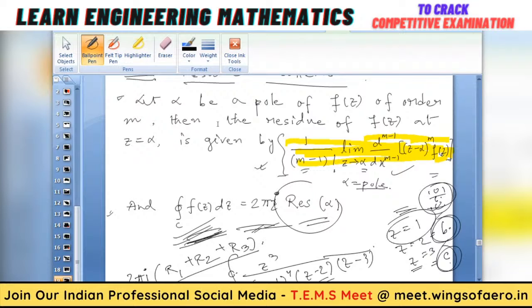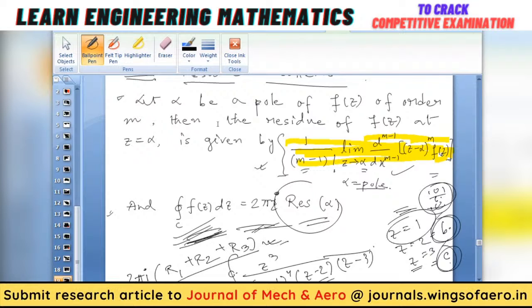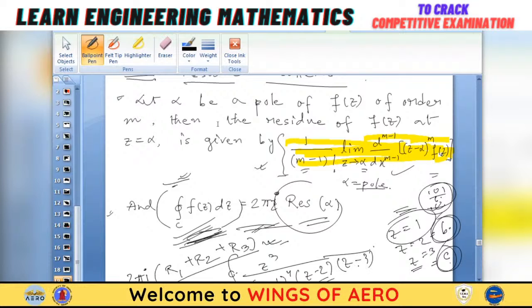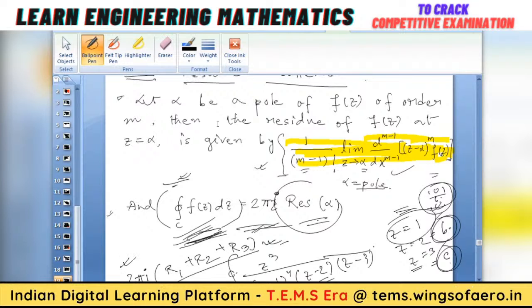This is the formula by which you can find the integration. You don't have to apply any other formula. After finding the residues, apply this formula, and you can find the integration. Okay, this is the real thing.